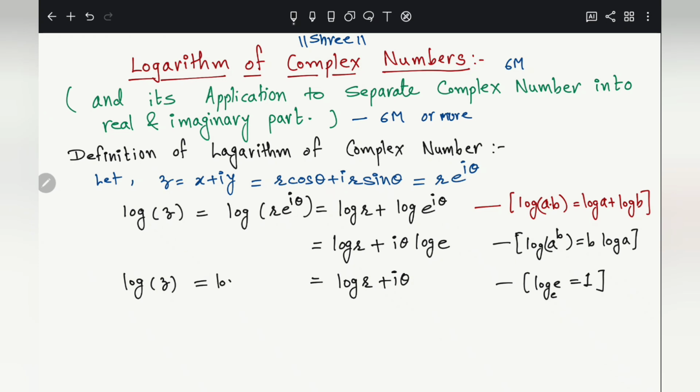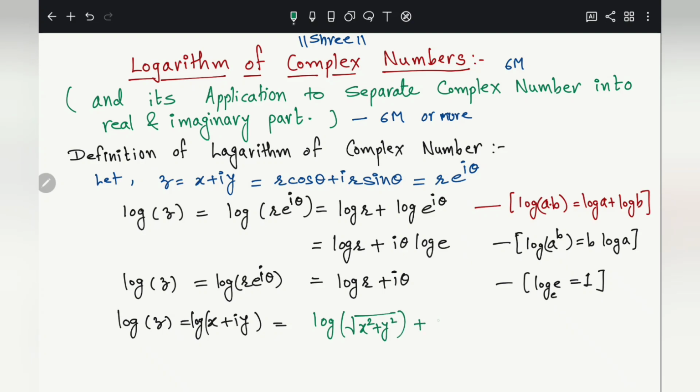You can write it as log r e raised to i theta, or we can also write it in terms of x plus iy. So what is log of x plus iy? So I can write it is log of, okay, what is r? So what is log r? R we know that it is root of x square plus y square. And what is theta?